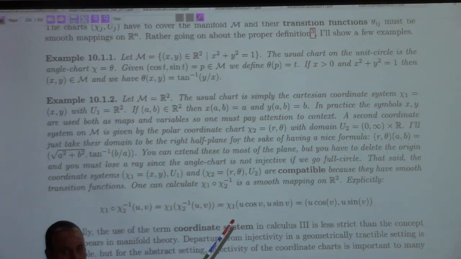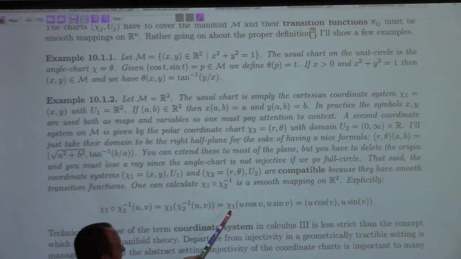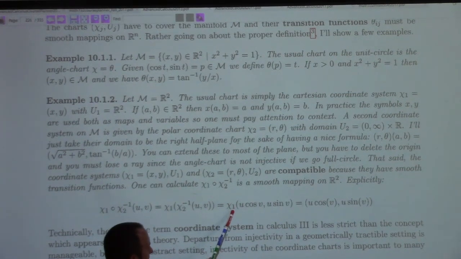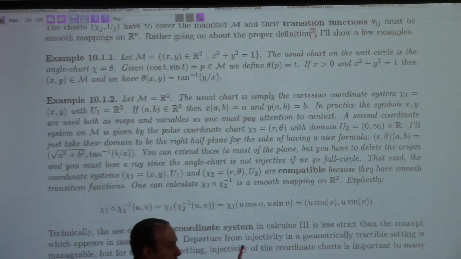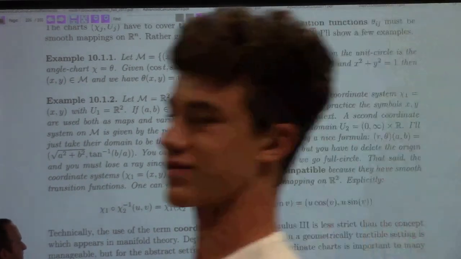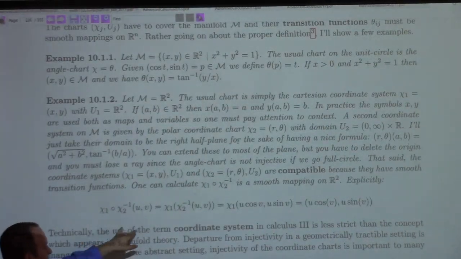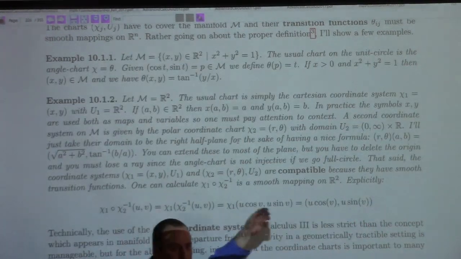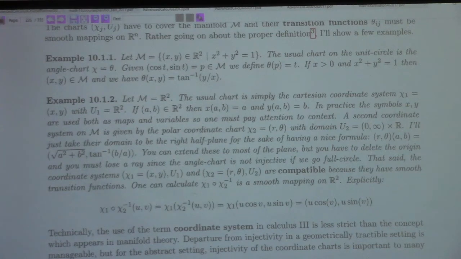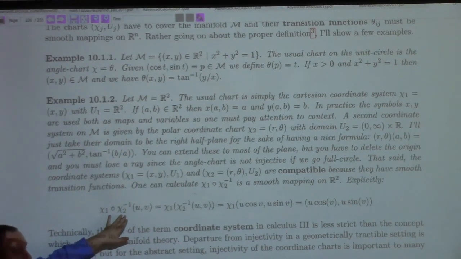U is the radius, v is the angle. Then I feed that to the Cartesian coordinate map, and that just spits back out u cosine v, u sine v. No problem. And is this mapping smooth? Yes, it's smooth.